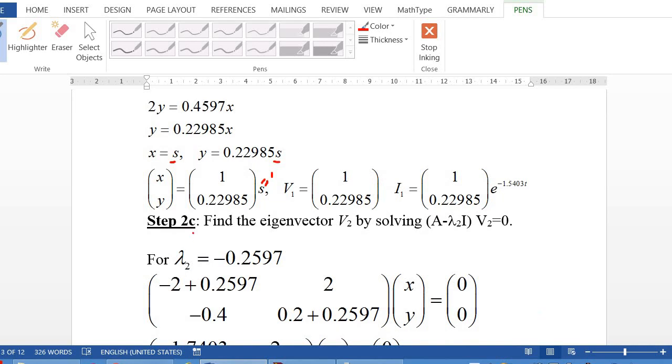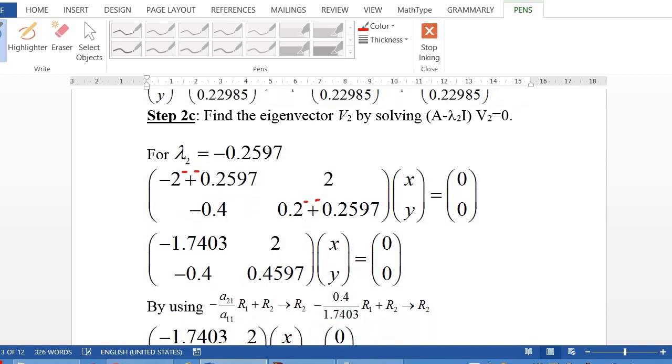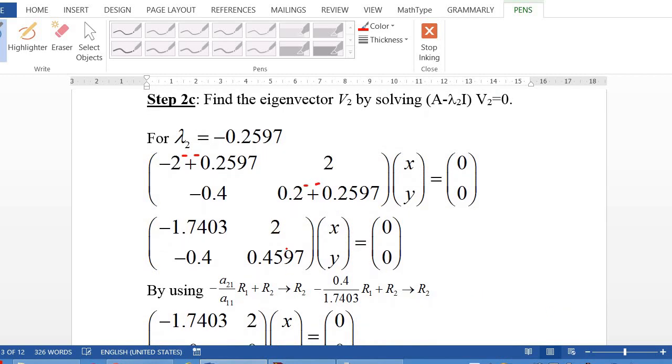Next, we find the second eigenvector v2 by solving (A minus lambda 2 I) v2 equal to 0. So again here, because negative and negative 0.4597, this becomes plus. Similar reason with here. Then we obtain A minus lambda 2 I, v2, where we put x and y, equal to the 0 vector. Again, it's not easy to see whether these two rows are equivalent.